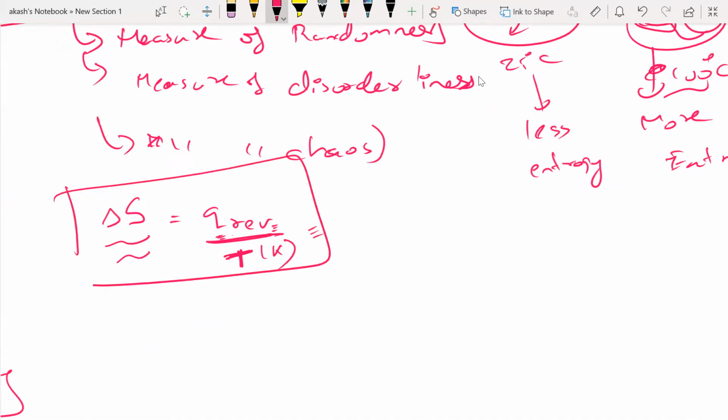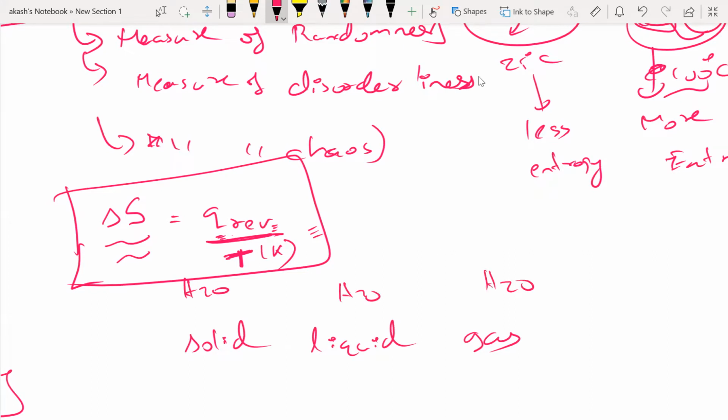So this is how it is defined: Q reversible divided by T. Now I'll be able to tell certain things about entropy when I compare a solid, a liquid, and a gas, say H2O in solid phase, liquid phase, and gaseous phase. If I ask you which is going to have more entropy, you can always just close your eyes and say that gaseous substances will always have maximum entropy, because they are the ones that will be moving.